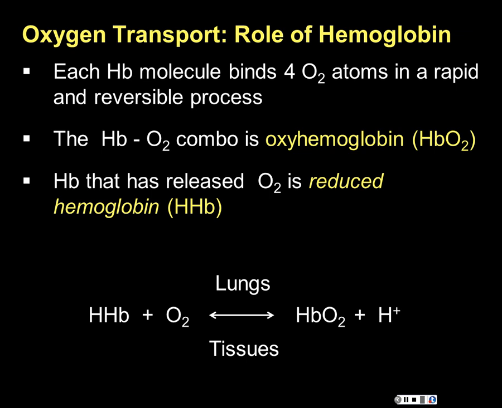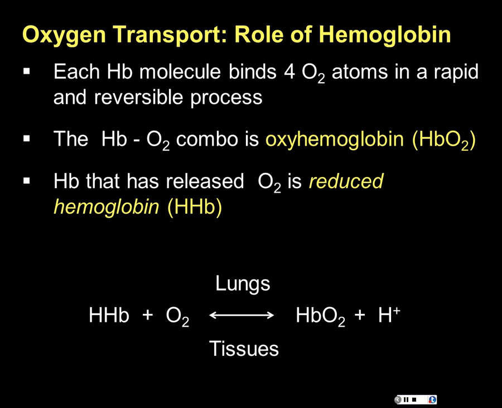You can see the nomenclature there, HHb, the reduced form. And we also noted, at the end of chapter 15, that hemoglobin can reversibly bind and unbind. So it just depends on the status of the tissues whether or not hemoglobin is going to bind or let go of oxygen. That's all that little shorthand note is illustrating, the reversible binding and unbinding of hemoglobin.